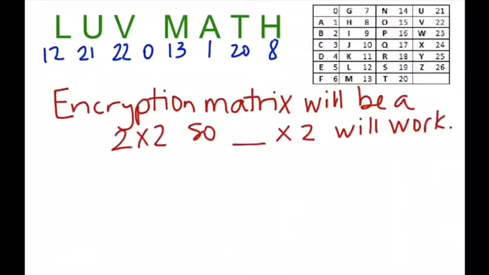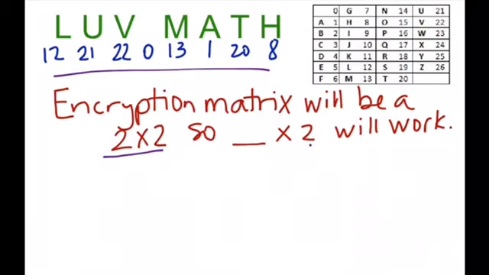The next thing we'll do is place the data into a matrix. The encryption matrix that you're going to use is going to be a 2 by 2, and we're just doing that to keep it simple. You could actually use any square matrix to be an encryption matrix, but we're going to keep it simple because we're not using a graphing calculator. The way that we're going to put this into a matrix is we'll put it into a matrix that is however many rows and 2 columns, so that we'll be able to use it.